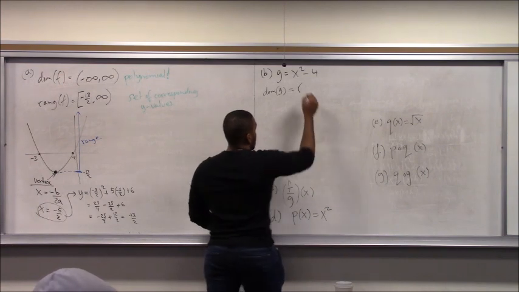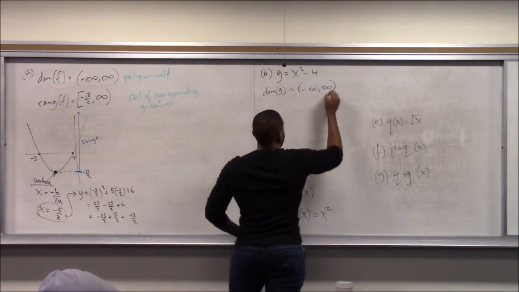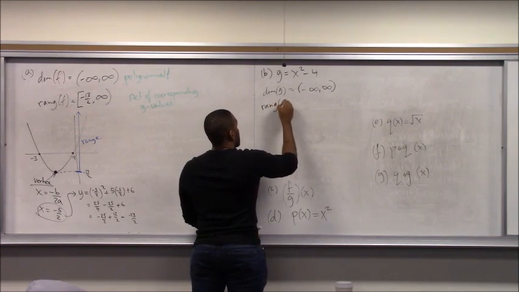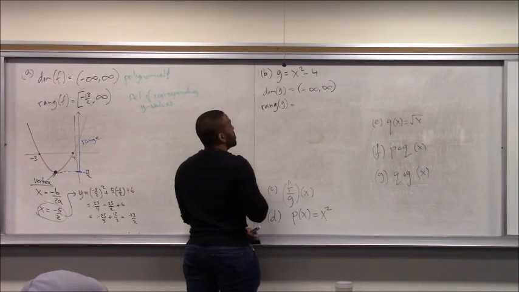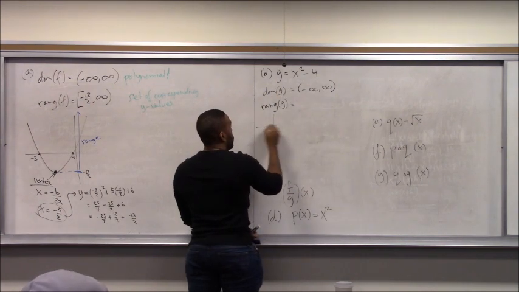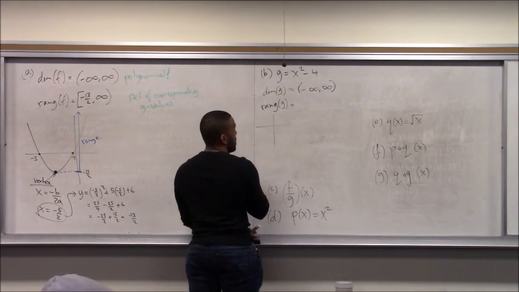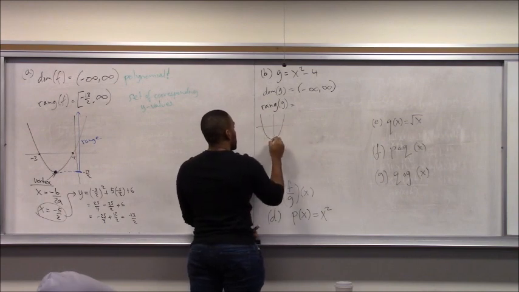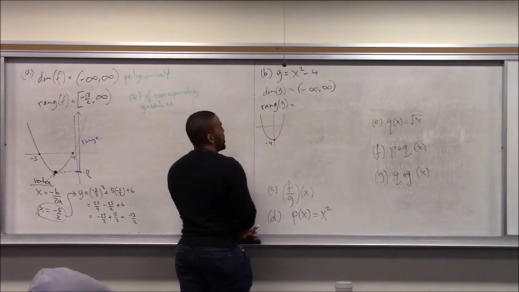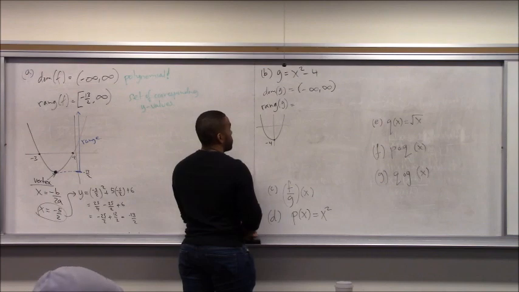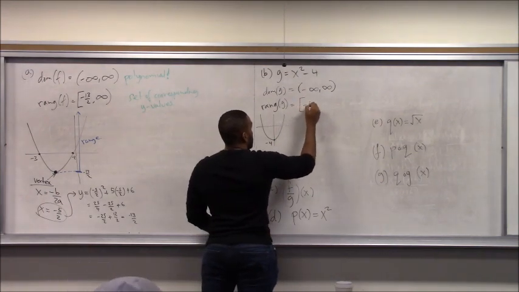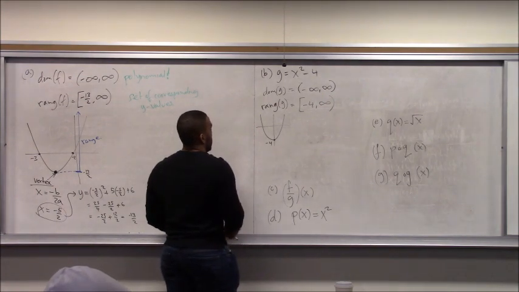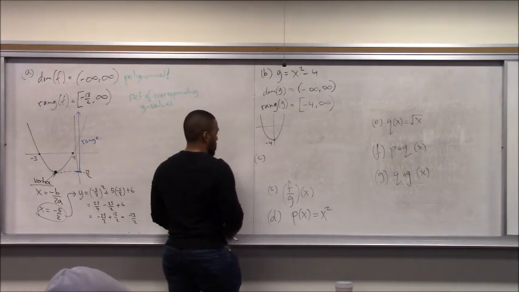Everything. Okay, let's talk about the range. Now, this one we should be able to graph quickly via transformations. You take the x squared graph and shift it down 4 units. What's the range? Y such that y is anything that's negative 4 or bigger. So it's C.